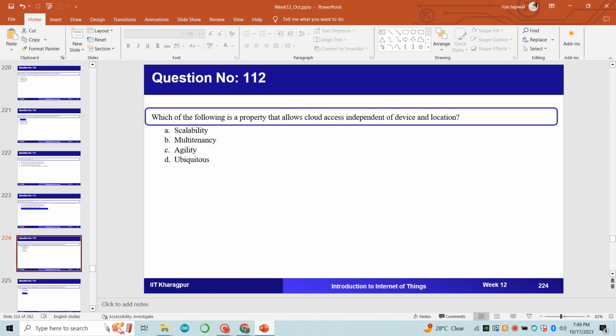Next question is, which of the following is a property that allows cloud access independent of devices and locations? Options are scalability, multi-tenancy, agility, ubiquitous. Anyone?